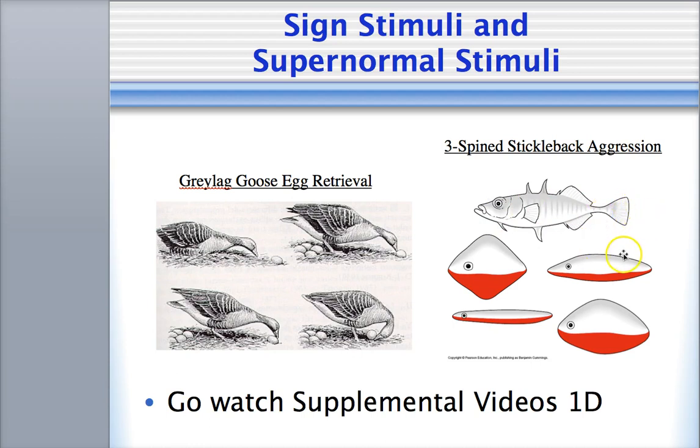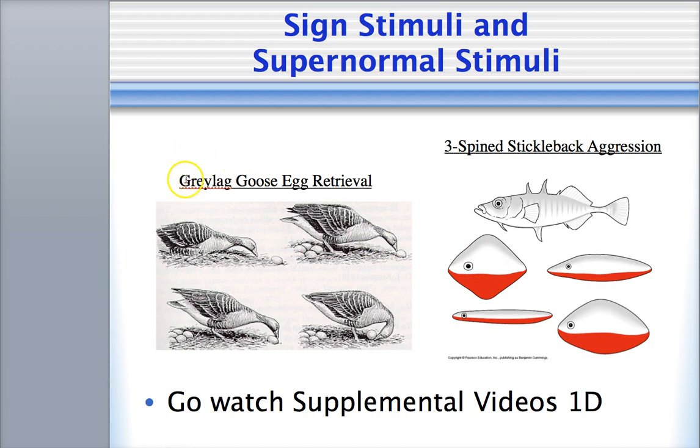And then he introduced these weird shapes, all kinds of weird, funny shapes made out of clay with the bottoms painted red. And each of them is on a stick. And so you'll get to see this and see what happens. The way he does not respond to the male with no red belly, and the aggressiveness with which he goes after these blobs of clay with red bellies. Very interesting.